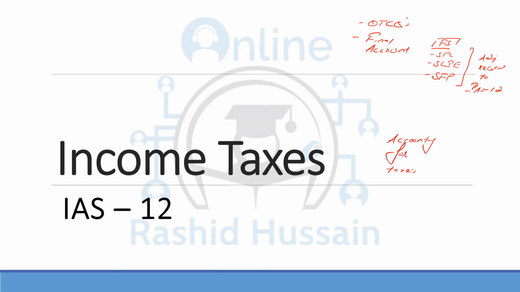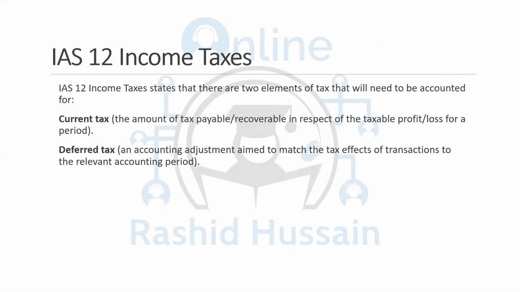When you talk about companies, obviously they're supposed to pay the tax. When they're supposed to pay the tax, they will be accounting for those taxes. They will be recording those taxes within the financial statements. How those taxes are recorded within the financial statements is described within IAS-12. So IAS-12 is basically the accounting for taxes.